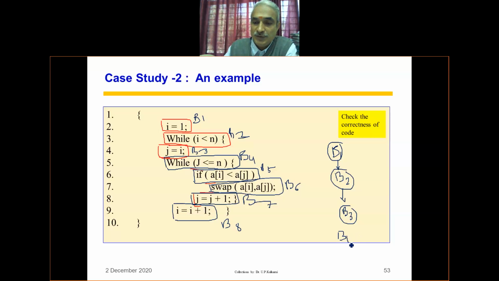Now look at that. From B3 you jump to B4.